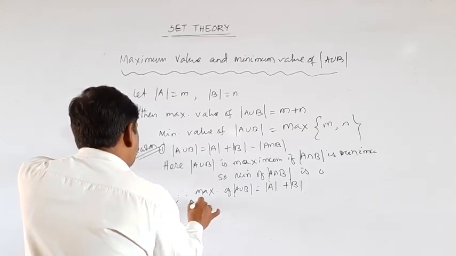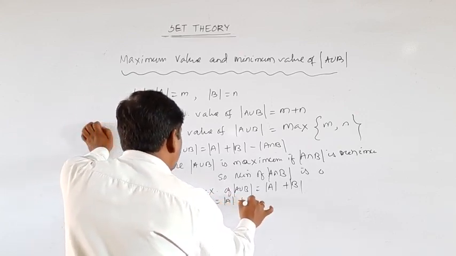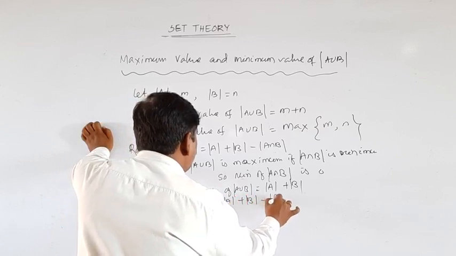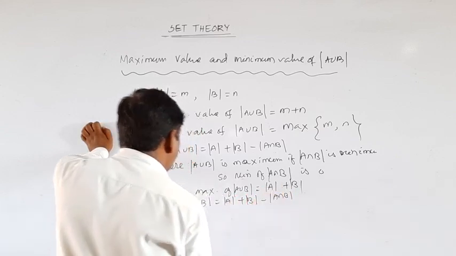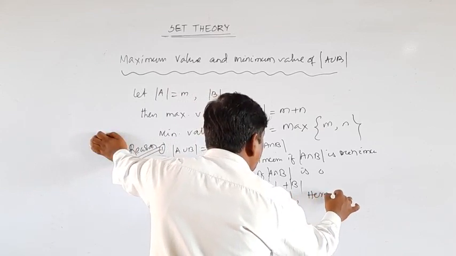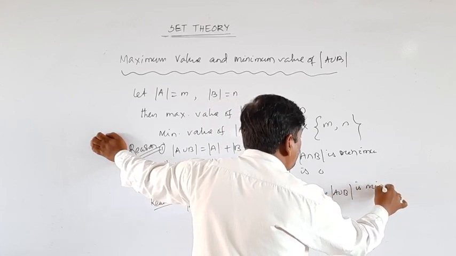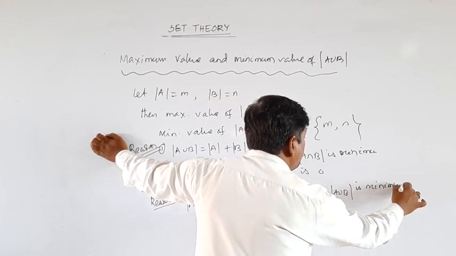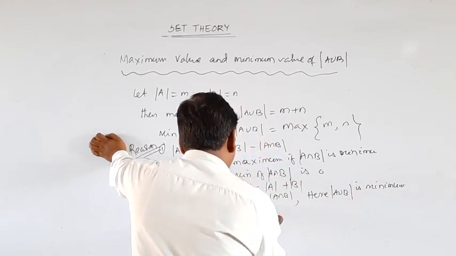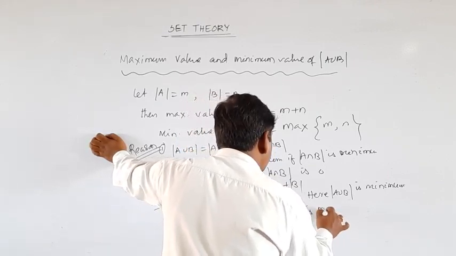Reason 2. Cardinality of A union B is equal to cardinality of A plus cardinality of B minus cardinality of A intersection B. Here cardinality of A union B is minimum if cardinality of A intersection B is maximum.